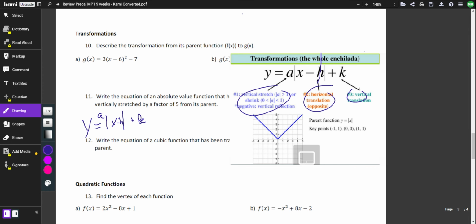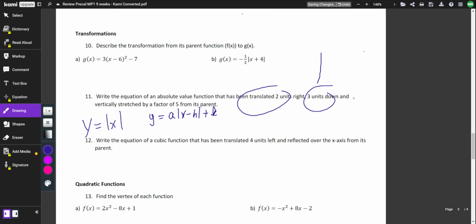So you can use that formula to try to answer number 11. That's the parent. The transformation is going to be like if you add a number to the front, if you add a number inside the absolute value, or if you add a number out here. These are the things that it's going to do to the graph.